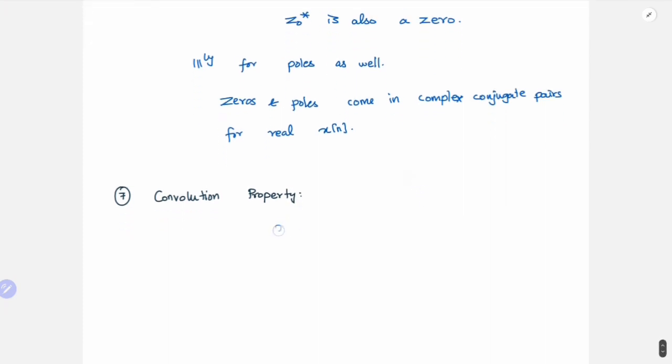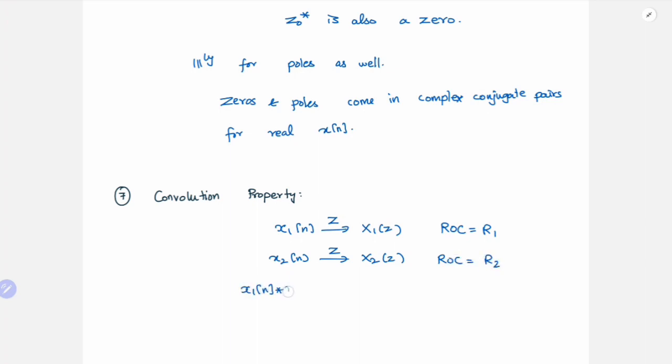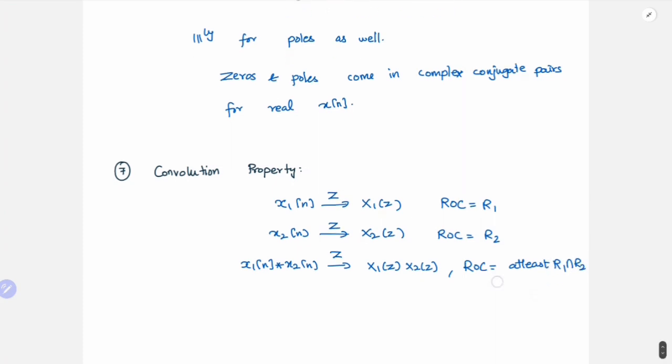Here again, if my x1 of n has a Z transform x1 of Z containing ROC equal to R1, and x2 of n has a Z transform x2 of Z containing ROC equal to R2, then x1 of n convolved with x2 of n is going to have a Z transform x1 of Z into x2 of Z, and your ROC will be at least R1 intersection R2, because again there can be some pole zero cancellation.